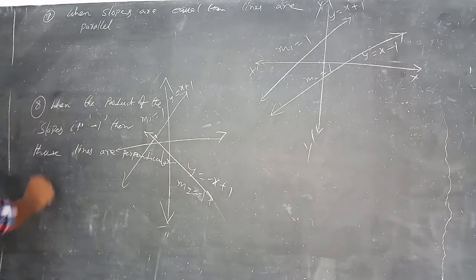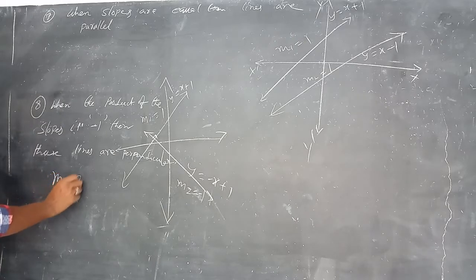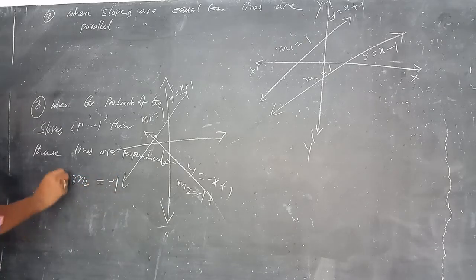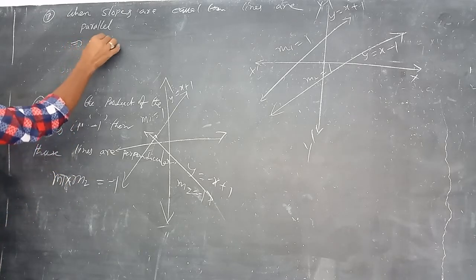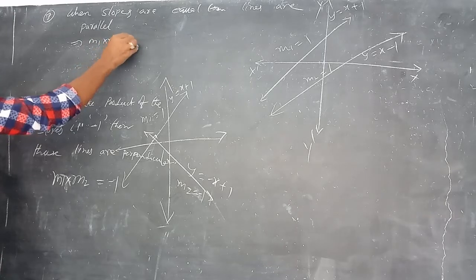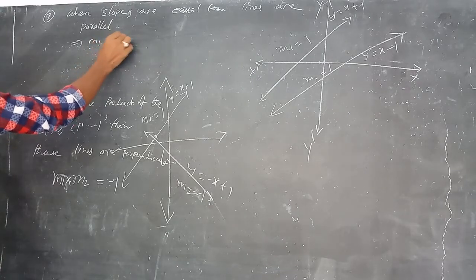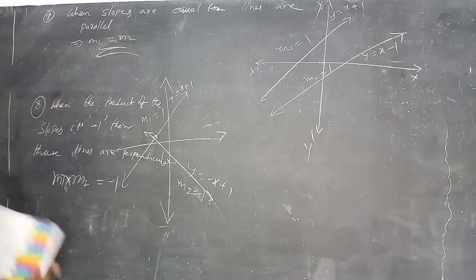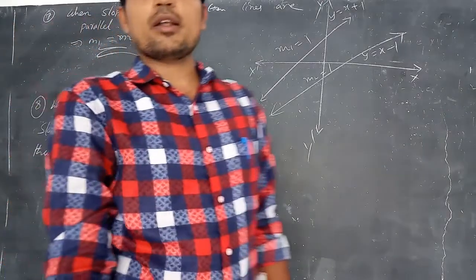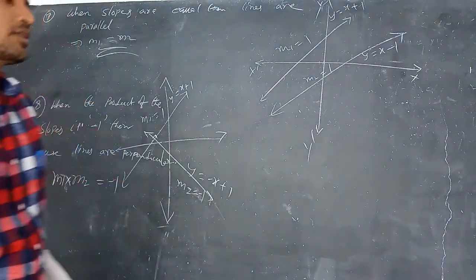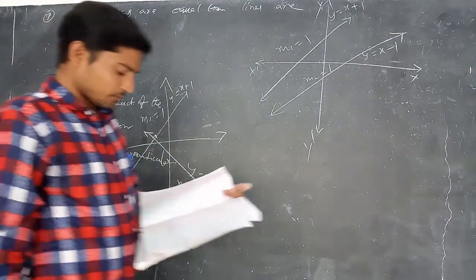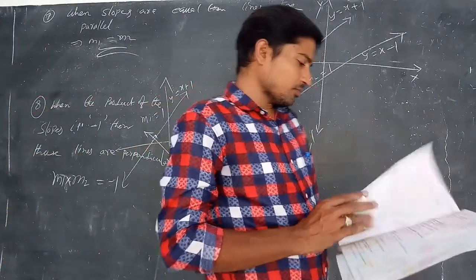That means m1 into m2 equal to minus 1. When m1 is equal to m2, those lines are parallel, and when the product of the slopes m1 into m2 is minus 1, then those lines are perpendicular to each other. Next.